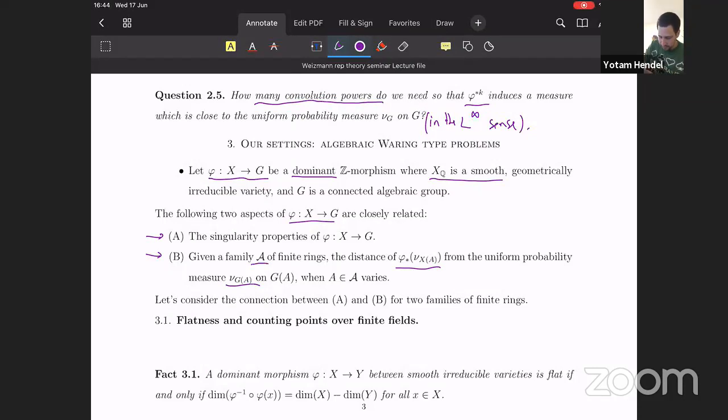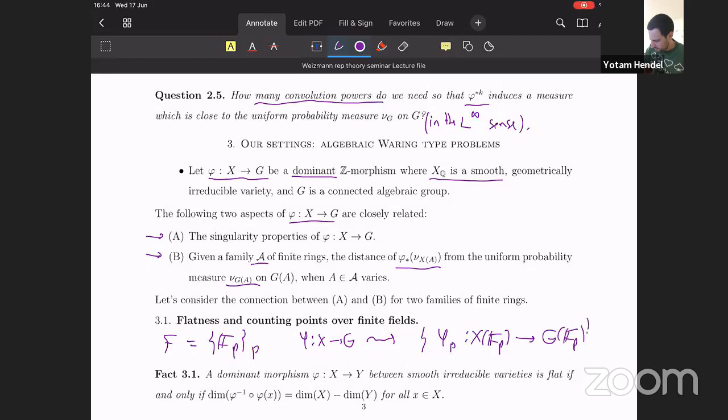The first family I'd like to consider is the family of all finite fields with p elements. So in this case, if I have some morphism from X to G, I get this family of maps between finite sets, and each of them has some probabilistic Waring type problem.